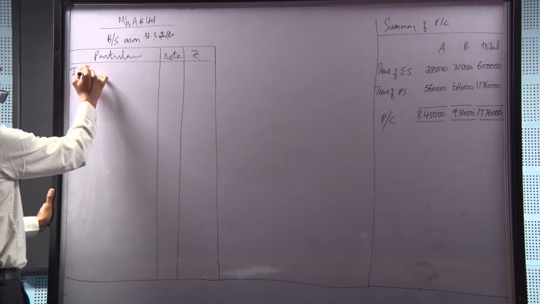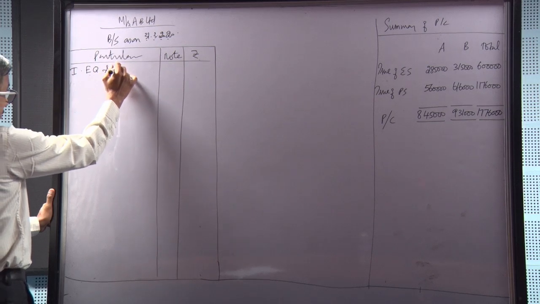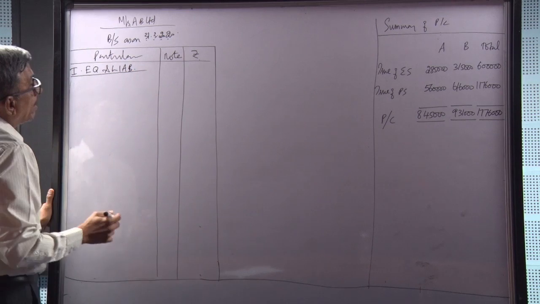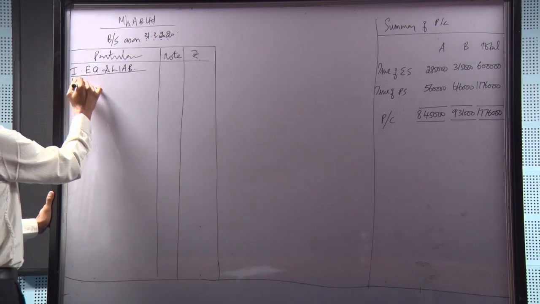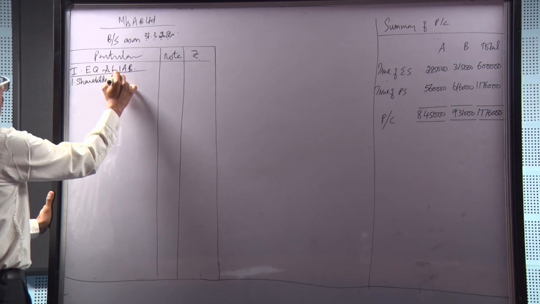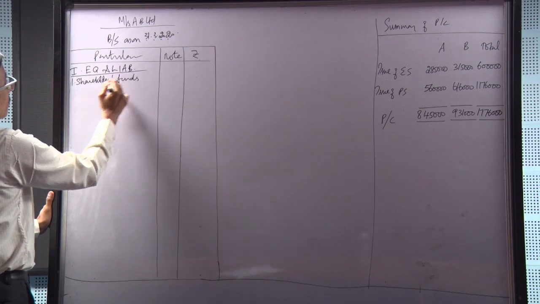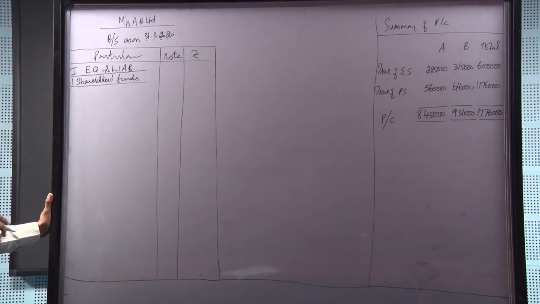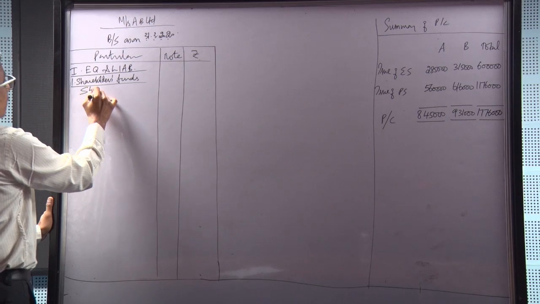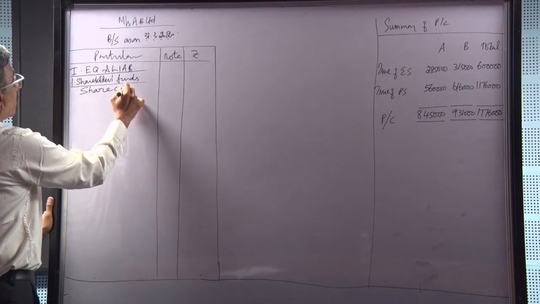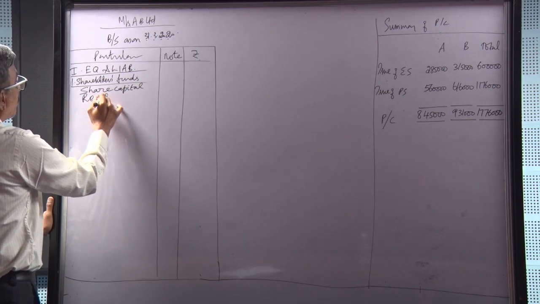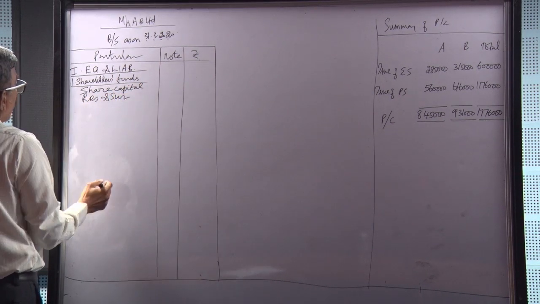Number 1, equity and liabilities. Under that, shareholders' funds, share capital, reserves and surplus.